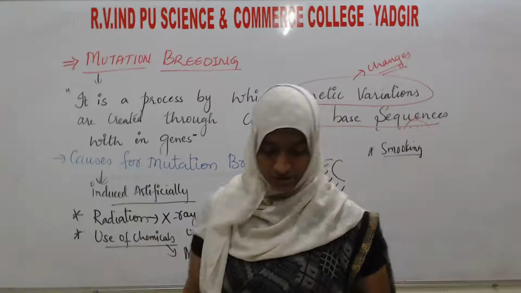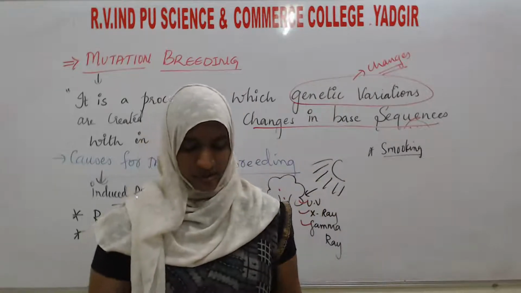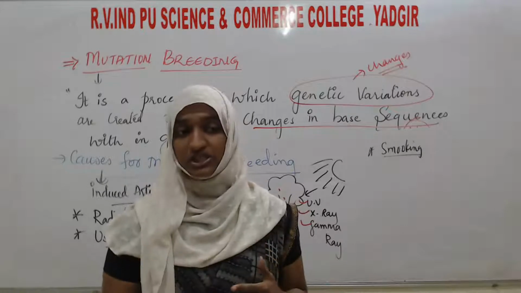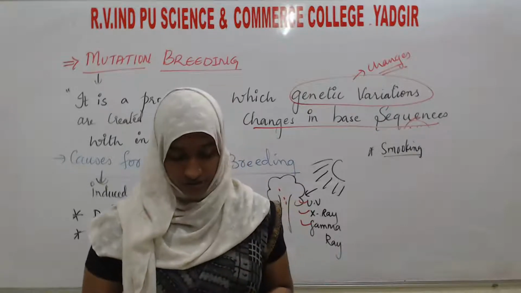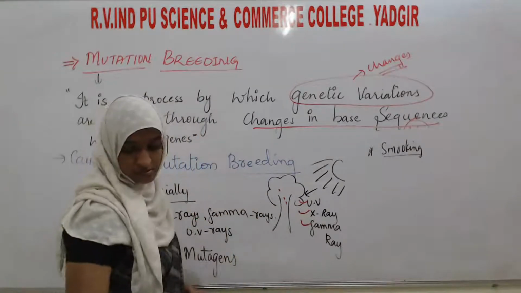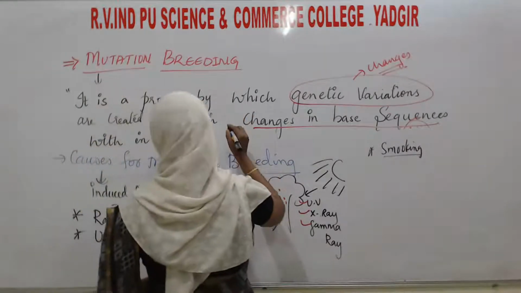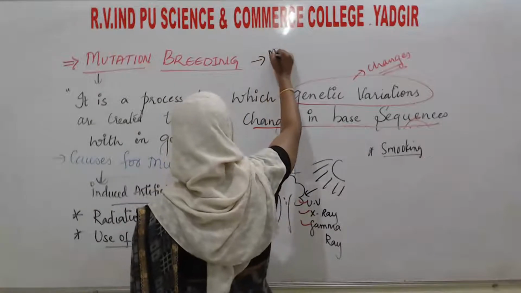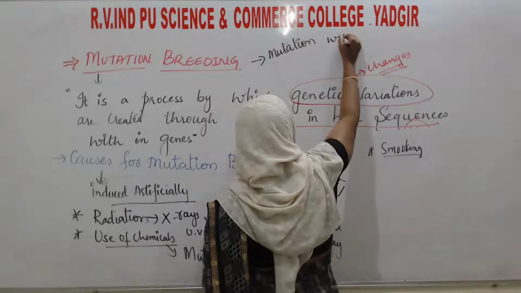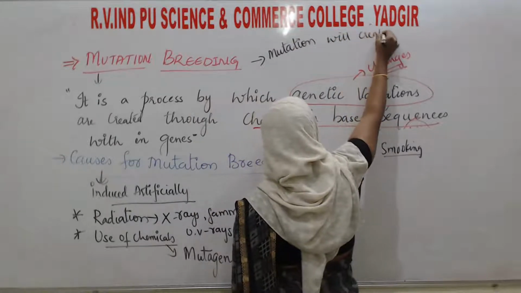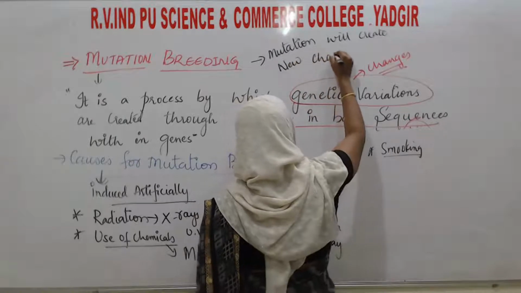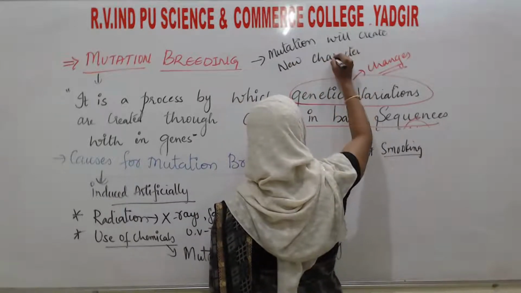Then next, if mutation takes place, this mutation will create a new character in the organism. What is the result of this mutation?